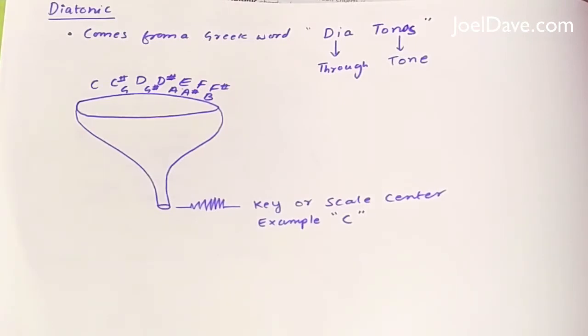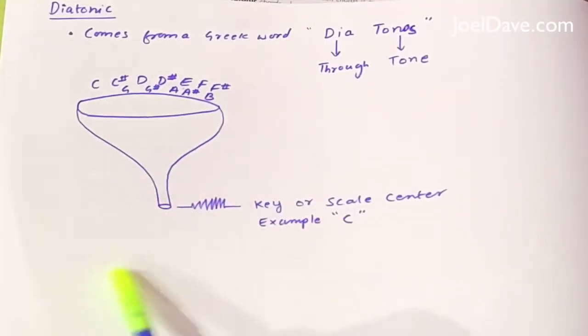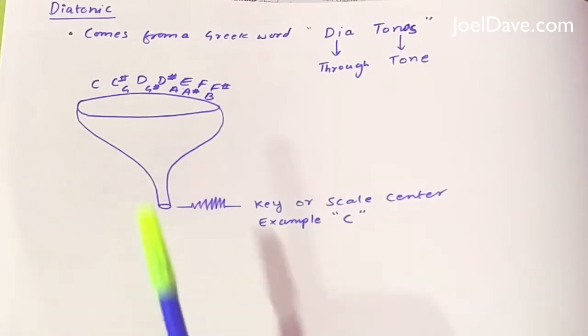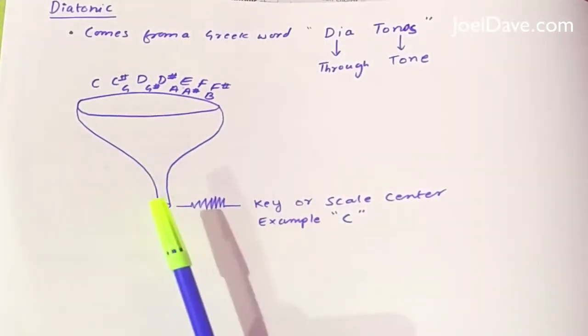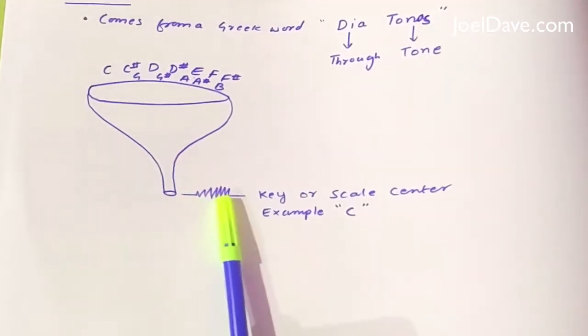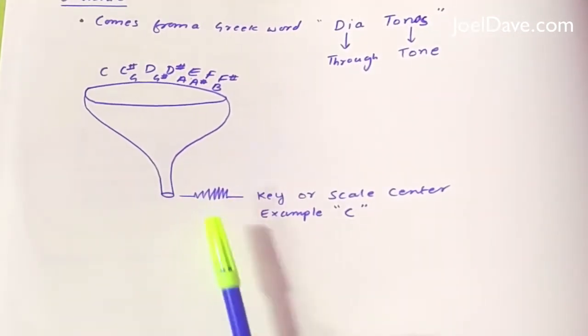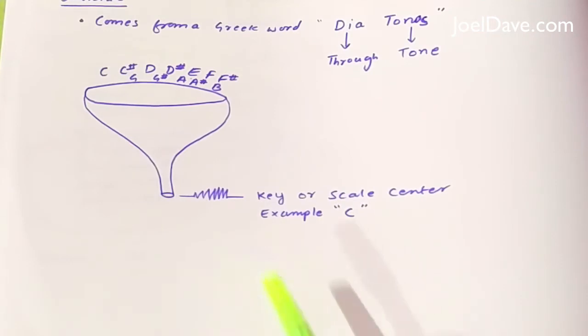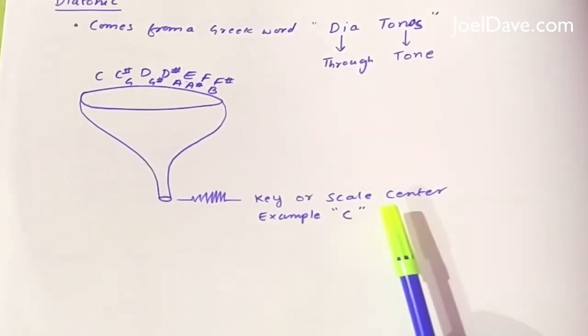I'm sure at some point in time we would have come across what we call a funnel, which we use to pour water into a bottle or any jar. So imagine a funnel and the tip of the funnel being a frequency filter, and the frequency filter being a key center or a scale center.